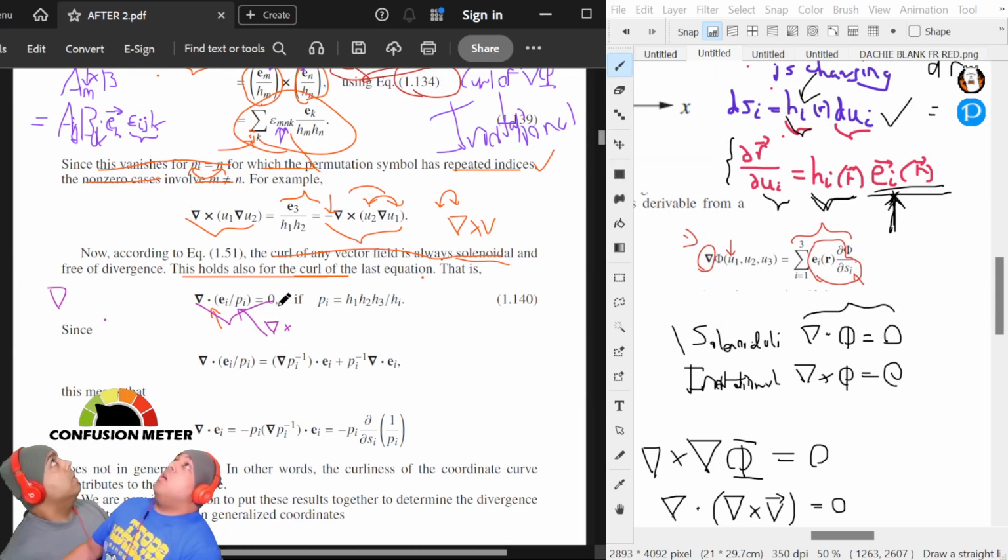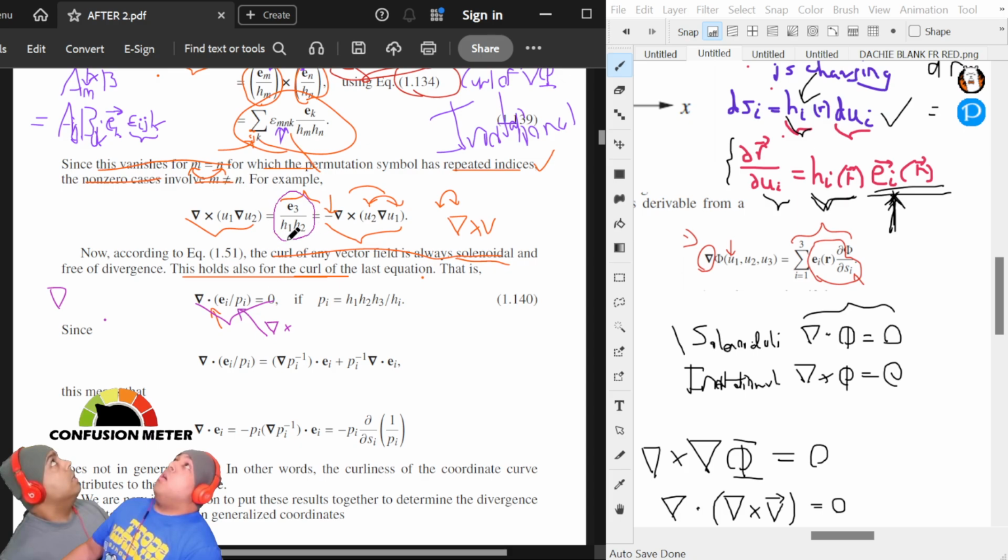And I think from earlier we saw that e_i and p_i is h_1 h_2 h_3 on h_i, so all the guys divided by e_i. Kind of weird.